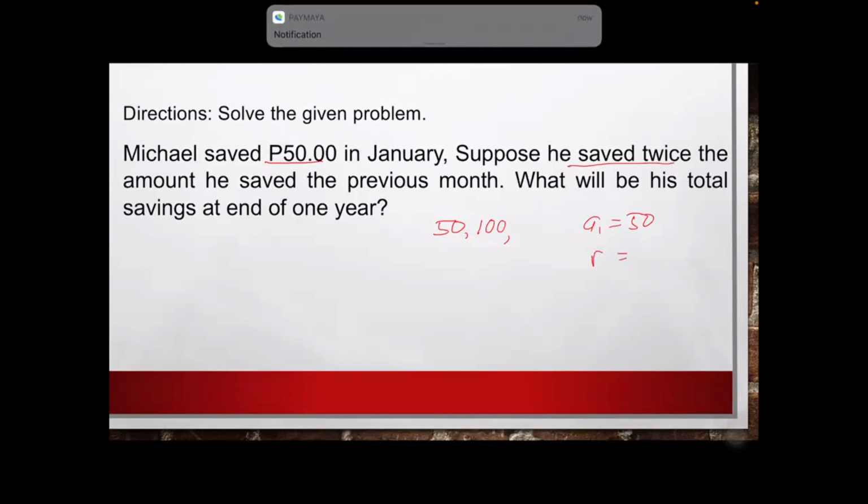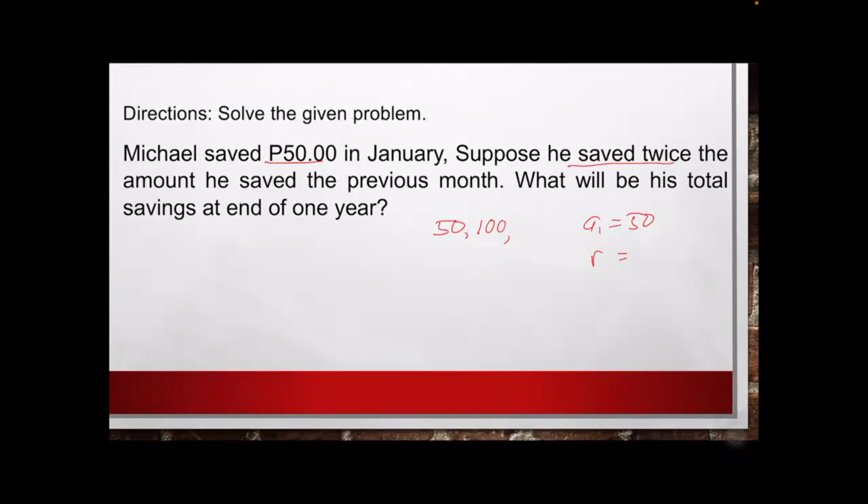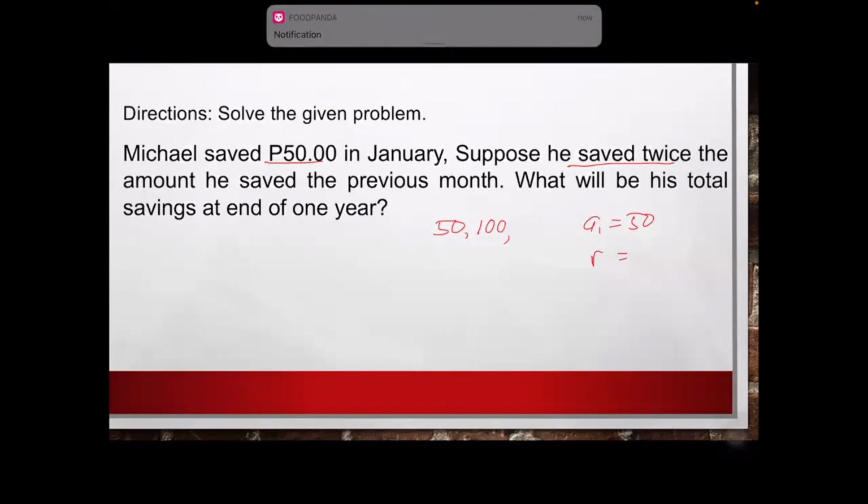What will be our R? Yes, kanila ulit. Sir, 12? Bakit naging 12? Kasi po 1 year. Hindi, R tayo, ratio. Yes, Aure. 2 po. 2. So, 100 divided by 50, the answer will be 2.